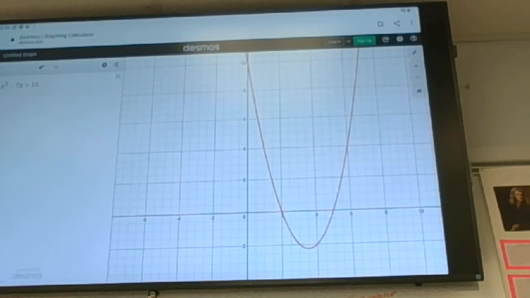They're opposite, aren't they? Why is it positive 2 and positive 5, but our parentheses are minus 2 and minus 5? Yeah.